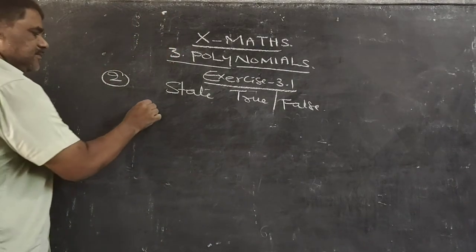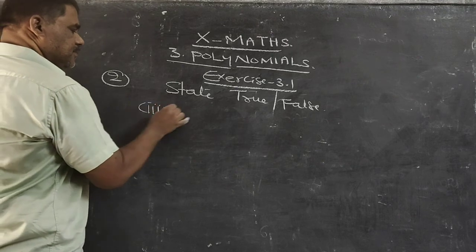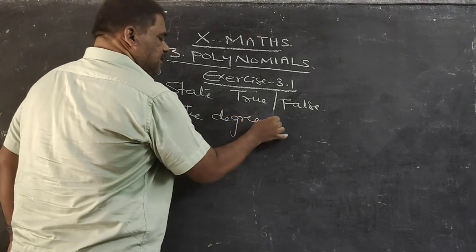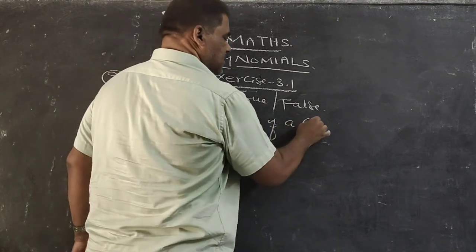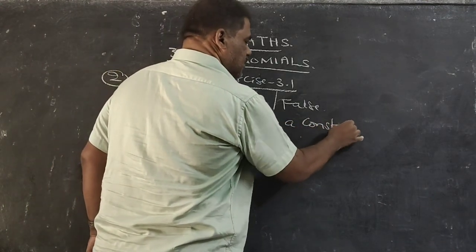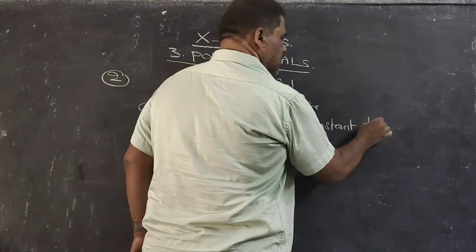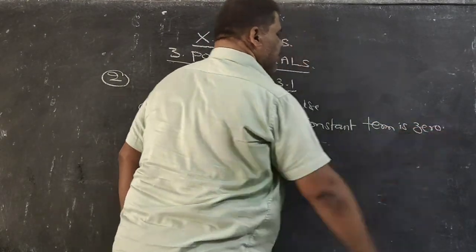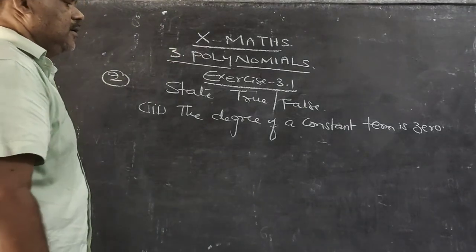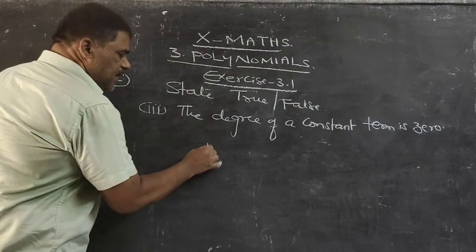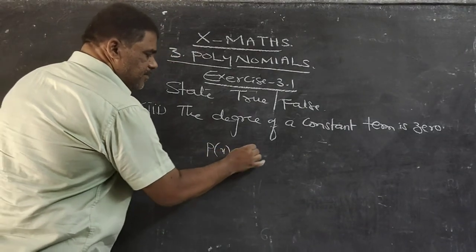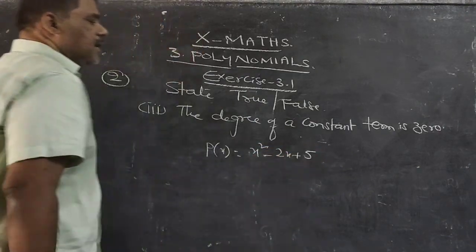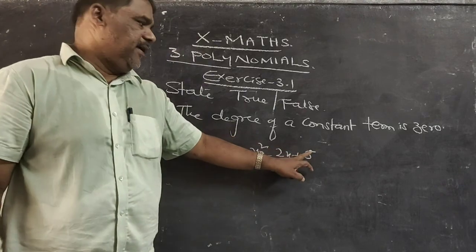Next, third one: the degree of a constant term is 0. For example, let us take one polynomial. Here the constant term is 5.